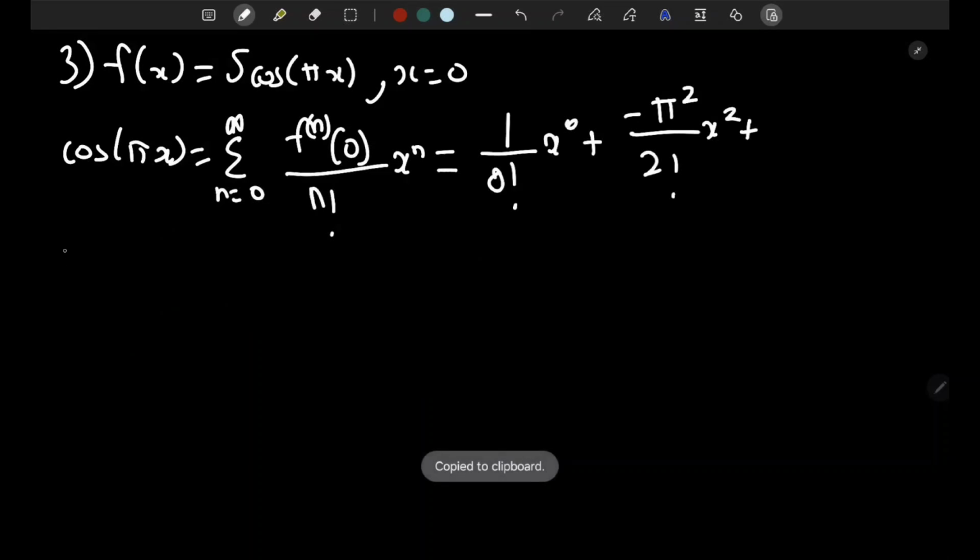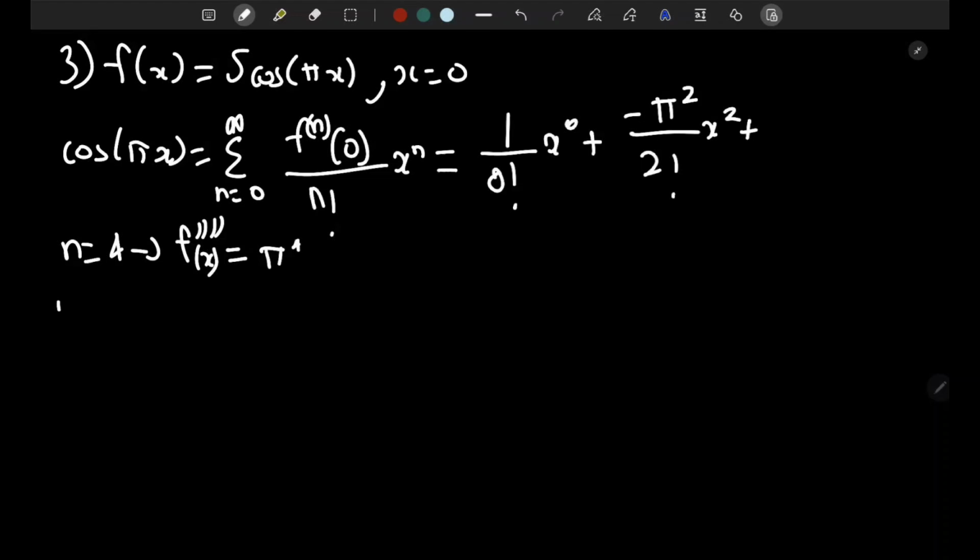So when n is equal to 4, we have f fourth prime, which will be equal to pi to the power of 4. And when n is equal to 5, it's going to be 0. So we need to find the next one, which is n equal to 6, which will be equal to negative pi to the power of 6.